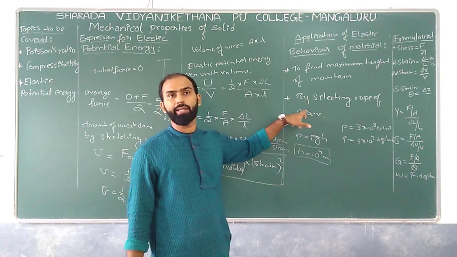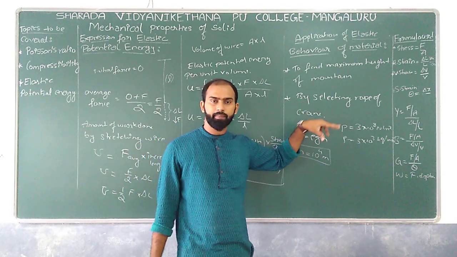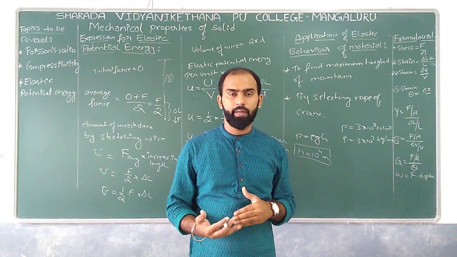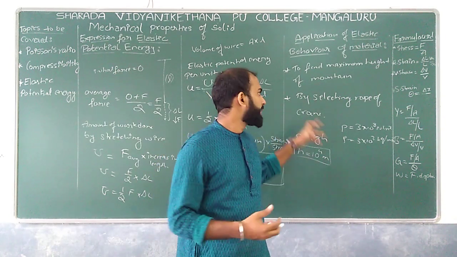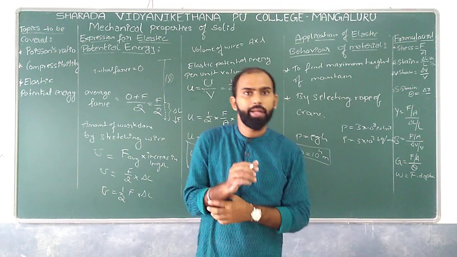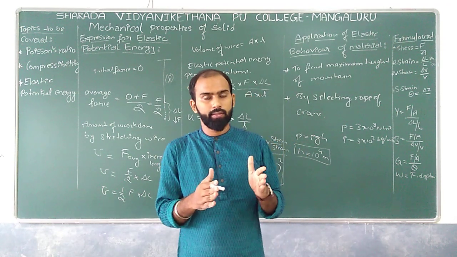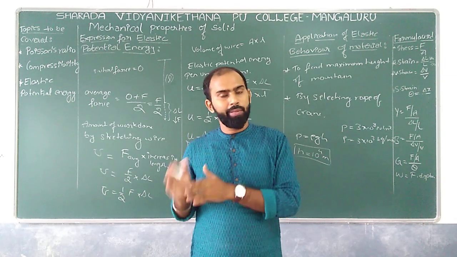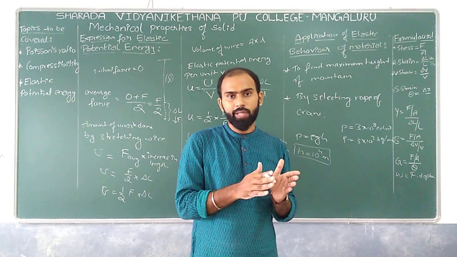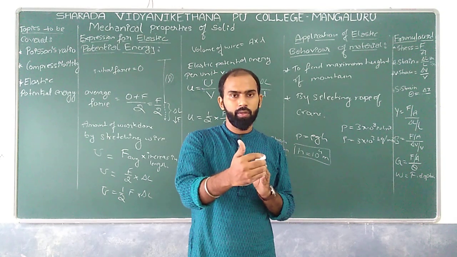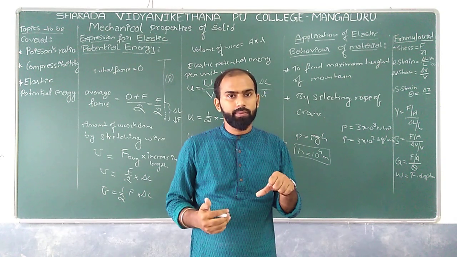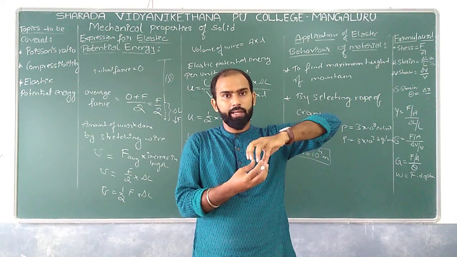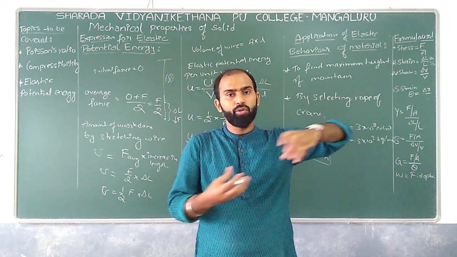And also, by selecting the rope of the crane, which means by taking the Young's modulus, normally we have a steel wire in the crane. Why? Because if I compare the steel wire with the aluminium wire, the steel wire has a greater Young's modulus, which means it requires greater force to elongate, to get a delta L, to get more strain.